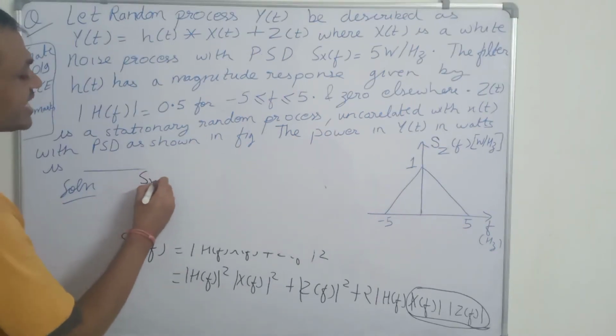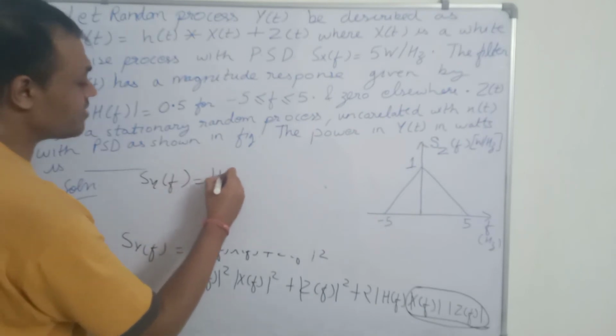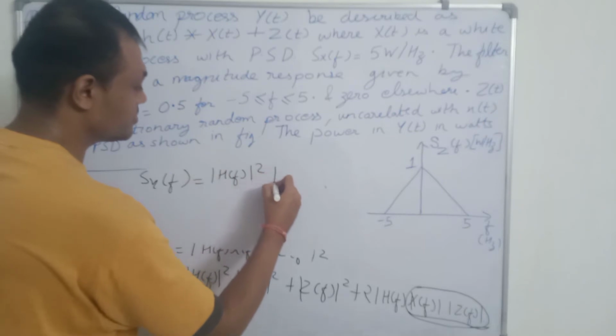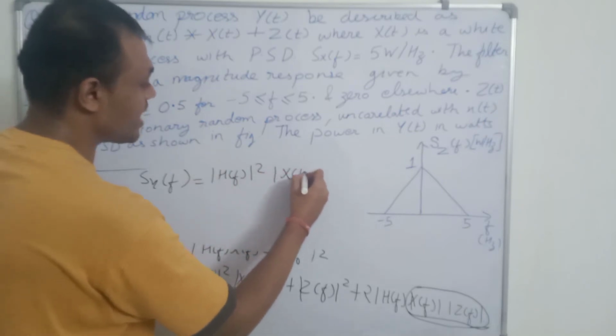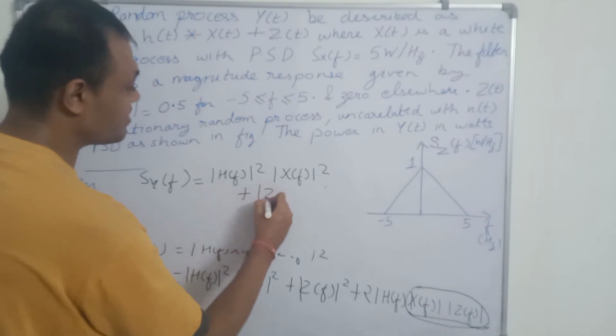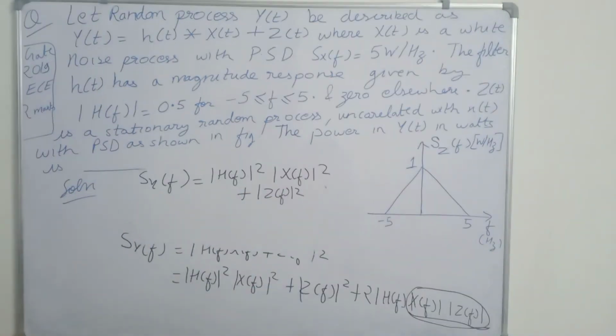The spectral density of y is equal to h of f whole square into x of f square plus z of f square. So this is the power spectral density for Y.